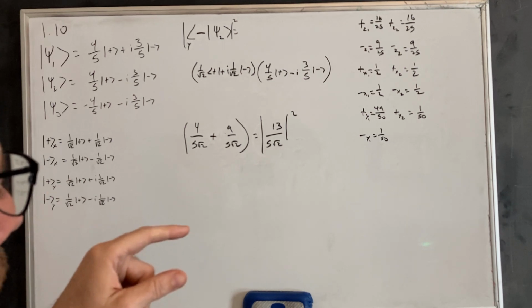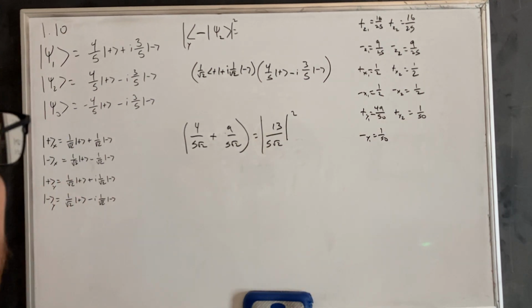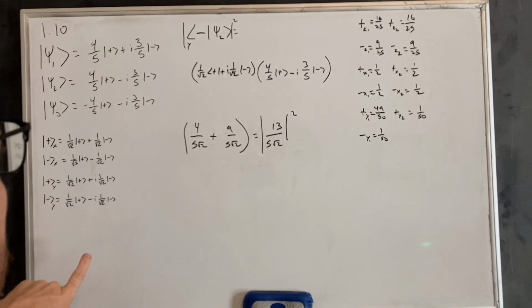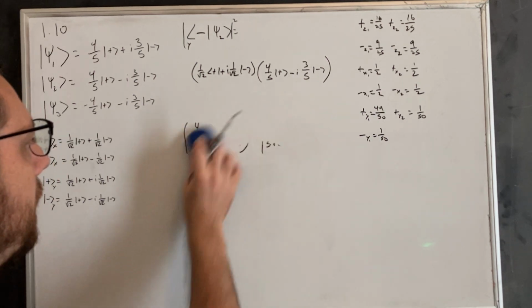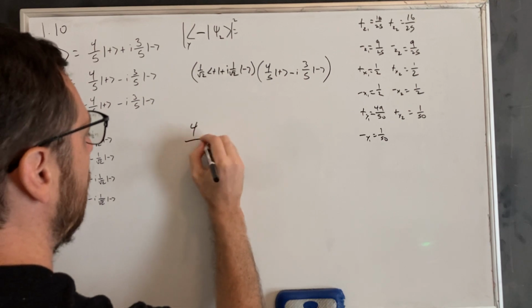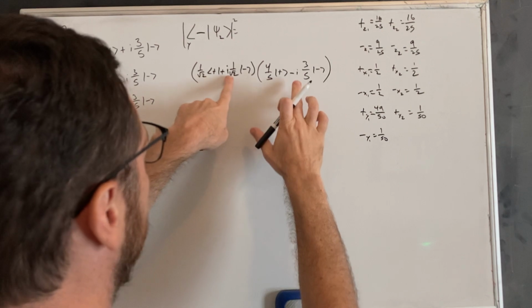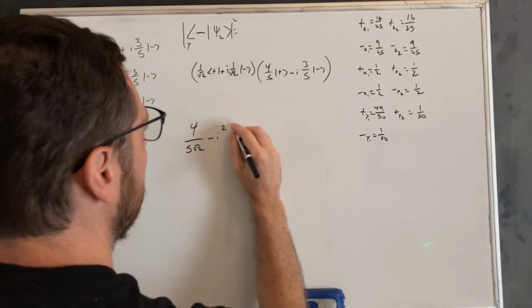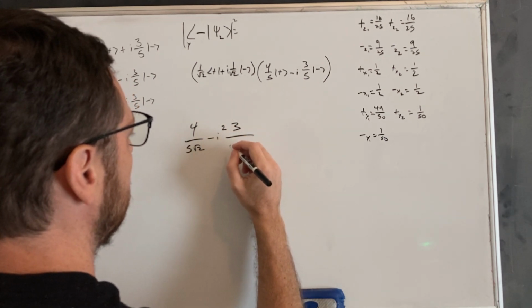Right, because this should be 49 over 50, as long as we did the math for that correctly. Let me just look at this again real quick. So 1 over root 2 plus I 1 over root 2. Just rewrite it again to see if I made any mistakes here. So we have 4 over 5 root 2. And then we have our minus I squared 3 over, oh, did I write 9?